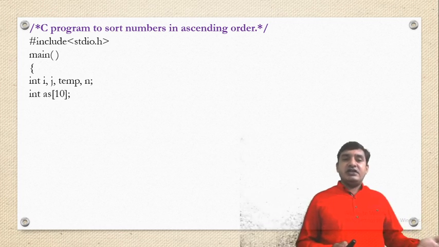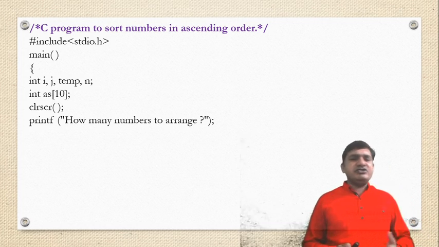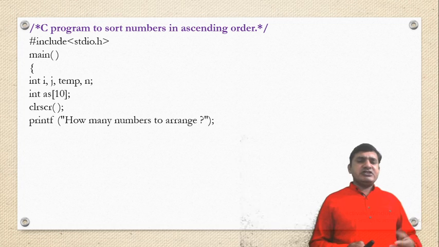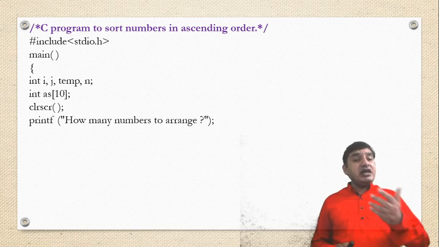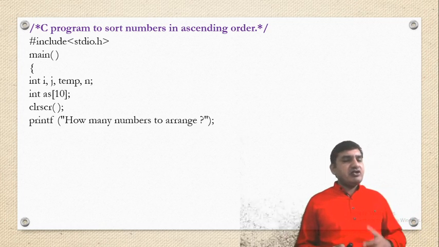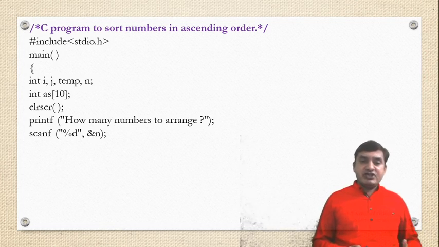Integer is a data type. Clrscr, which is used to clear the previous output. Printf, how many numbers are arranged? This message is displayed on the screen by using the printf function.